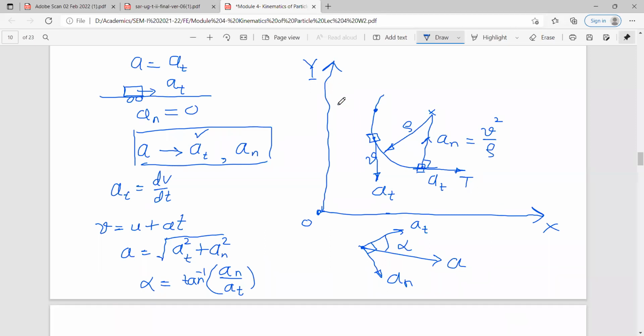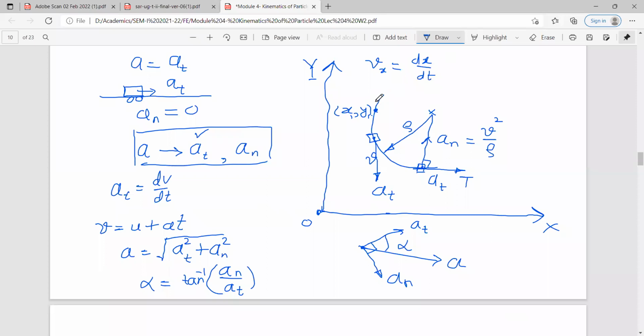Here I can have x and y coordinate, so say it is x1 and y1. When the particle will move forward, its coordinates will change, and by knowing the rate of change of coordinate, you can calculate the velocity in x direction. Velocity in x direction can be calculated as dx upon dt.